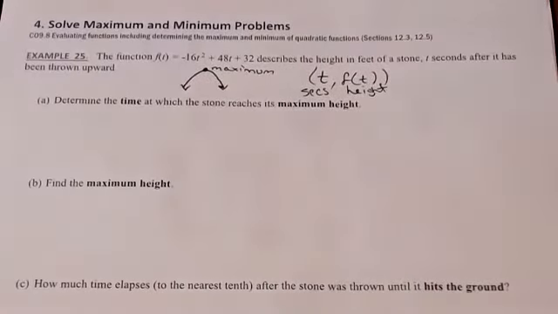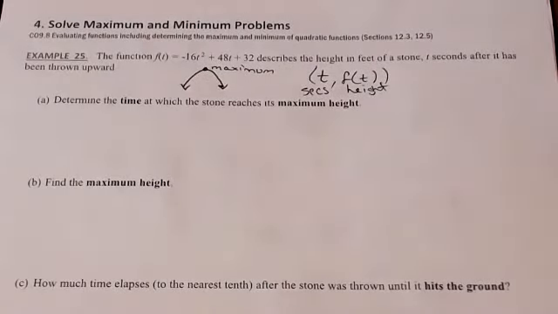It's often helpful to write the ordered pair so that you can interpret every ordered pair you are given. You can say, oh, the independent variable is time in seconds, and the dependent variable is height, because the height depends on how much time has passed.